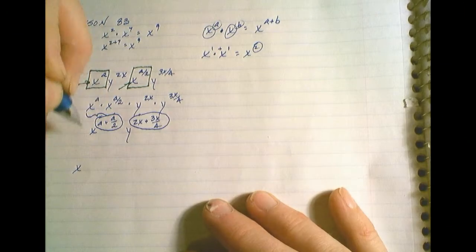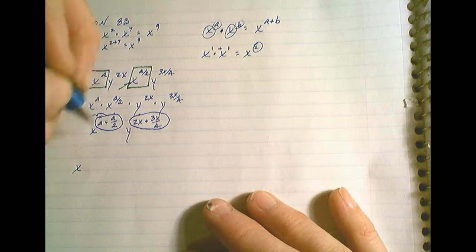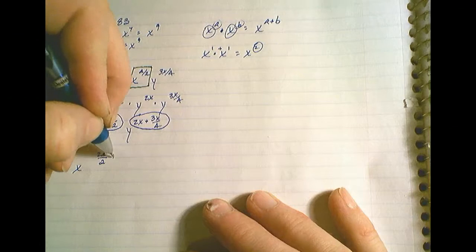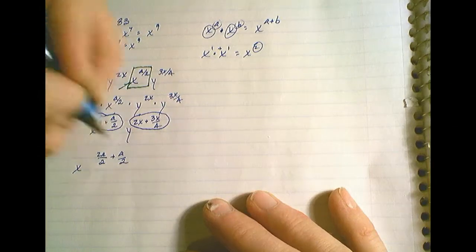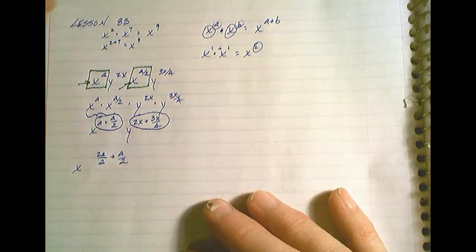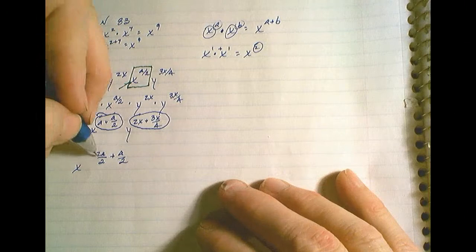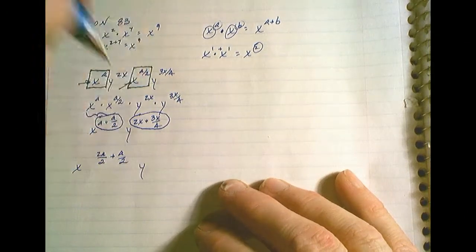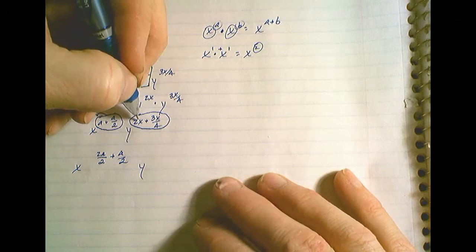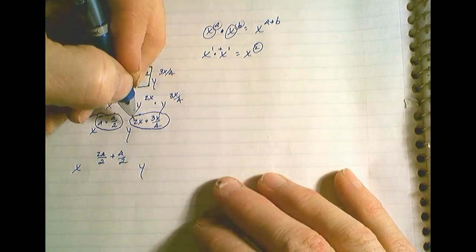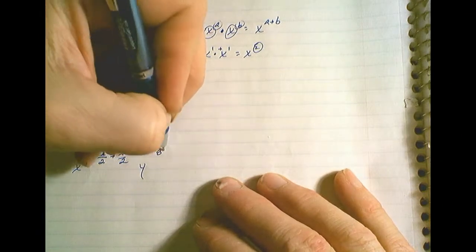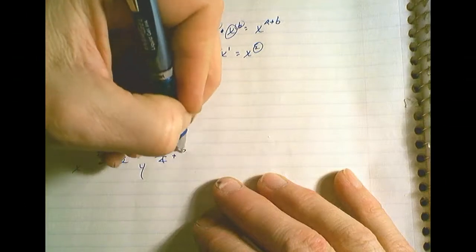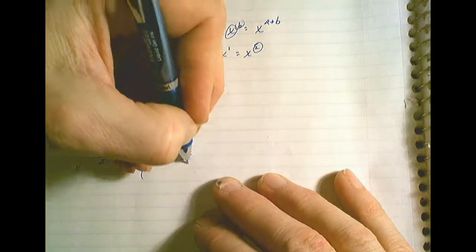So a plus a over 2 is the same as 2a over 2 plus a over 2. Okay? And I assume you know where this 2a over 2 came from. Our y is going to be, instead of 2x, we're going to make that an 8x over 4 plus 3x over 4.